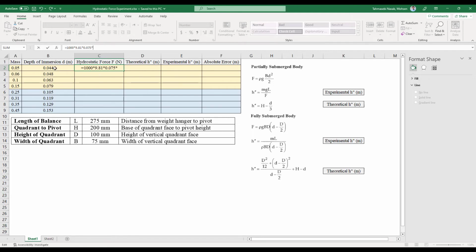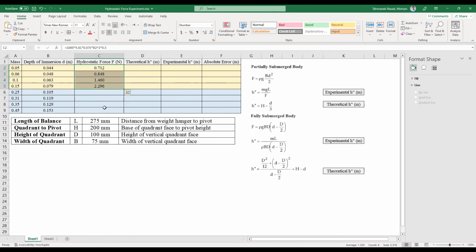D is the depth of immersion right over here, so D to the power of 2, and then the entire thing should be divided by 2, or we can write it as multiplied by half. Okay, so this would be the hydrostatic force for this row of data when you have the mass this much. And now I want to drag this down to calculate it for other rows as well.